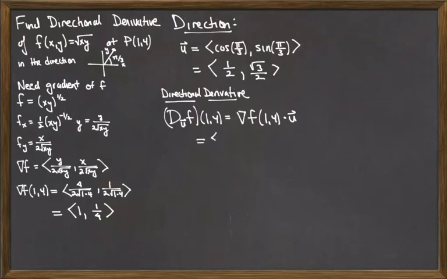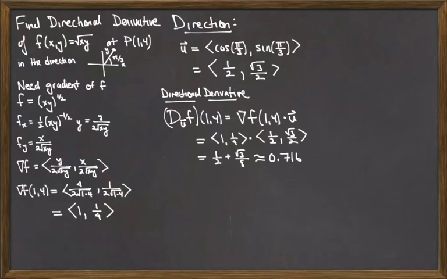And now this is a straightforward calculation. Here's my gradient, and we'll dot it with u, and we'll get a scalar: 1 times 1/2 plus square root of 3 over 8 will be the value of this directional derivative. And if you go to a calculator, get an estimate of that, it turns out to be about 0.716.